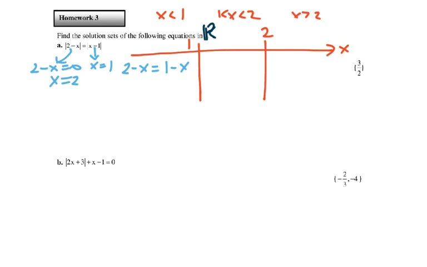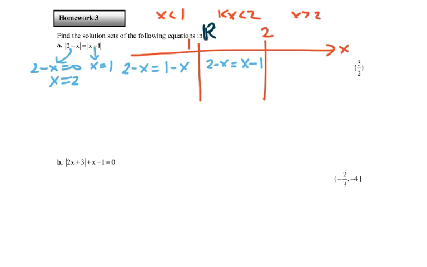And we'll do the similar sort of thing for each section. I encourage you to pause the video now and try this for yourself, and then we'll see how I do it. So for this region, let's say it's 1.5. So 2 minus 1.5, that'll be positive, so 2 minus x. And 1.5 minus 1, well, that's going to be positive, so this will remain unchanged as well.